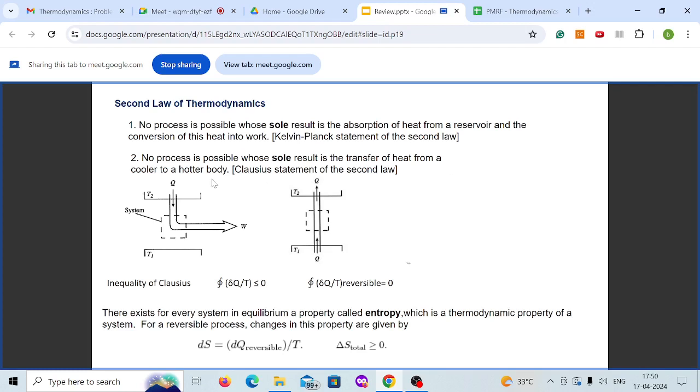That's what Clausius said. Any violation of the Kelvin-Planck statement will also violate the Clausius statement, and it is the other way around too. If one of these two statements is violated, it will automatically violate the other. Both of these define the second law of thermodynamics.